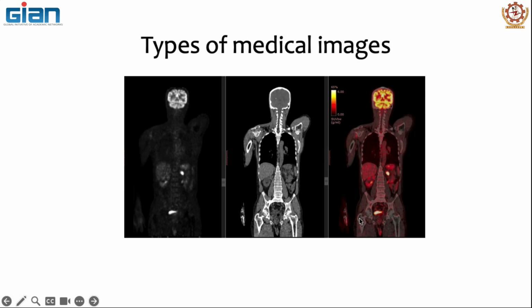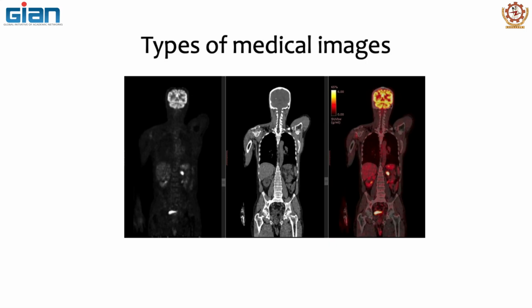The brain has a higher level of glucose decomposition. Generally for PET, we measure the glucose decomposition using SUV. That's a metric. PET is generally very useful to detect tumors, or to detect very small tumors which are not readily visible by the naked eye.